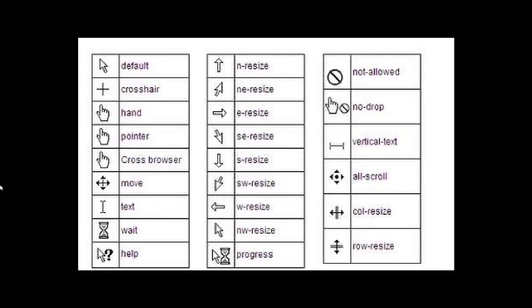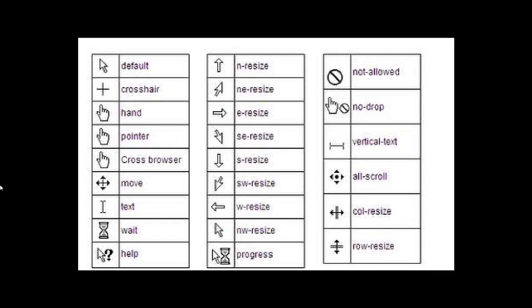Alright, so with the cursor styling in cascading style sheet, this is the cheat sheet for the cursor styling, where you set the kind of cursor that you want to display in your web page when there is an action being performed on the web page.